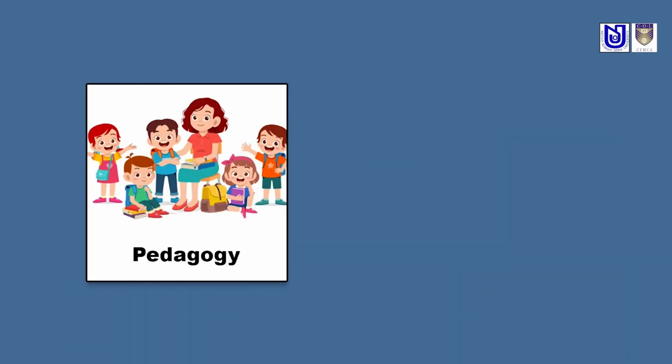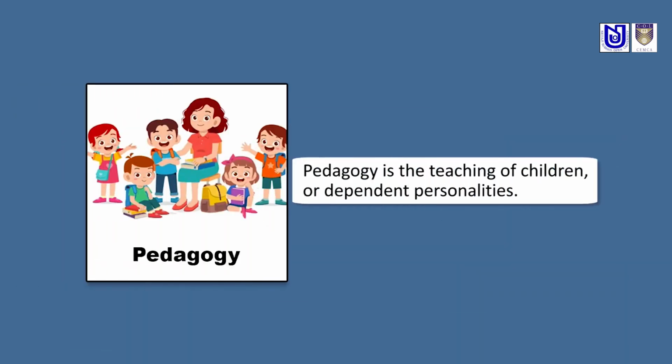The first one is the teaching of children. You can see, teaching of children or dependent personalities. A child is always dependent on parents or teachers, caregivers, whosoever is around, right? So it is the teaching of children who are considered to be dependent personalities.